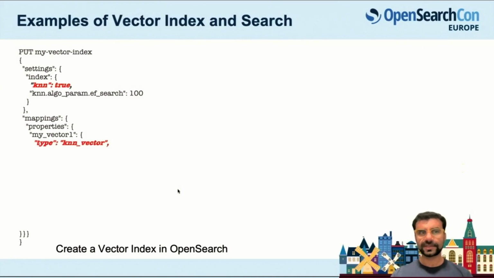We specify the type for this field, letting OpenSearch know that this is a vector field. We specify the number of dimensions. In this case, we're using an embedding model that generates vectors with 5 dimensions. We also can specify the distance metric. If not specified, it'll use the default.